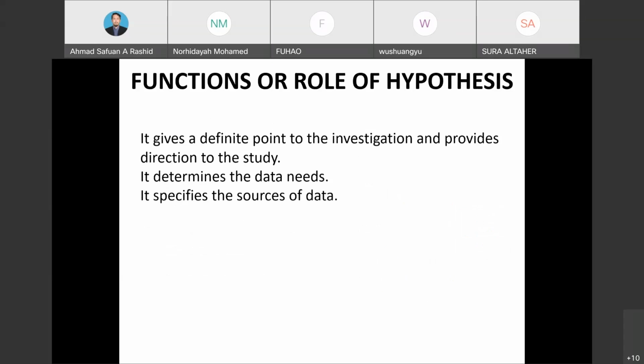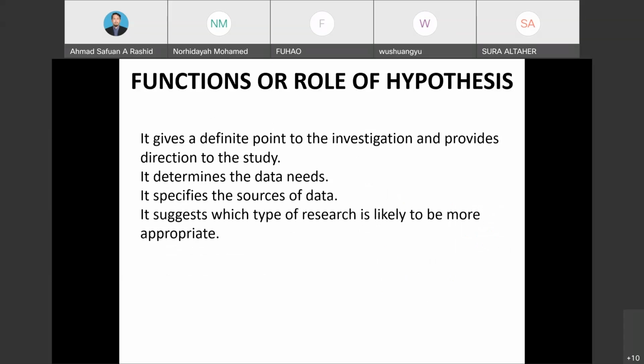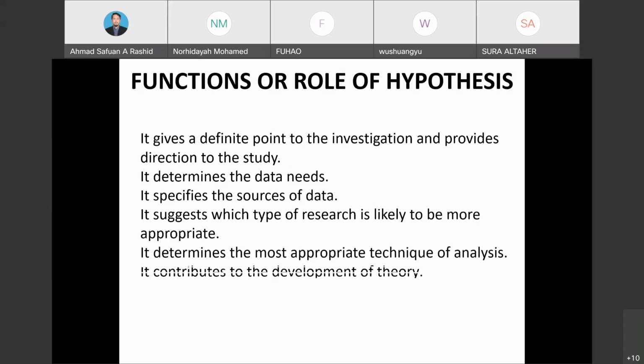It specifies the source of data. It suggests which type of research is likely to be more appropriate. It determines the most appropriate techniques of analysis. It contributes to the development of theory. Okay. So that is the role of a hypothesis.